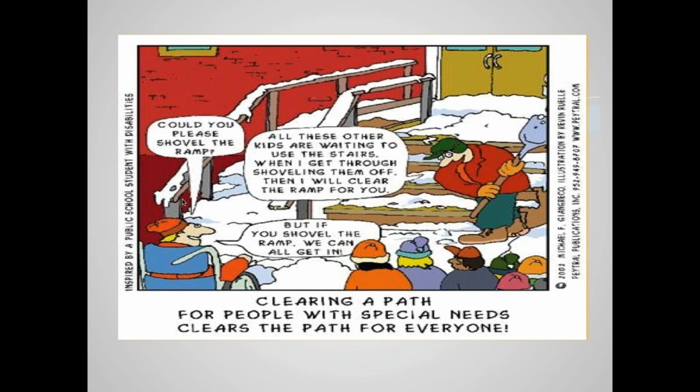Let's see, what does it mean in terms of learning? So let's say instead of the ramp, you have a ramp on the left and you have stairs on the right. The steps on the right would be equivalent to an English teacher that requires the class to read pages 14 to 21 and write answers to 3 questions on an 8x11 sheet of paper.